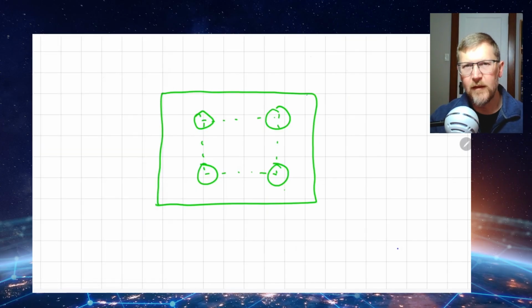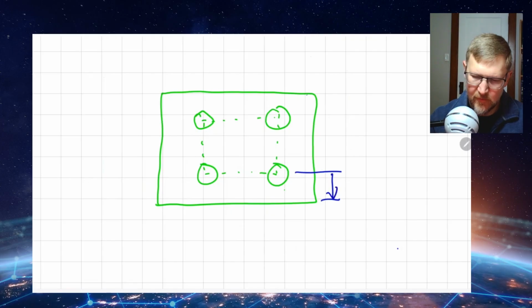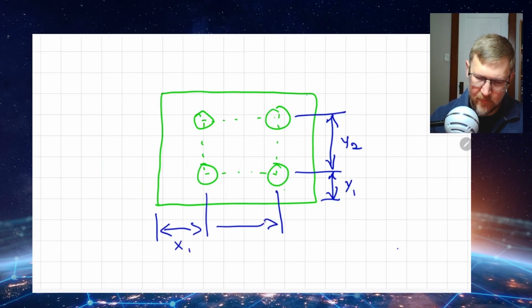A lot of times, people are used to just using the straight linear dimensions. So you might see something listed like this, right? You're going to see a dimension here, dimension there. Let's just call this y1, y2, and then maybe someone puts the dimensions here, right? x1, x2.